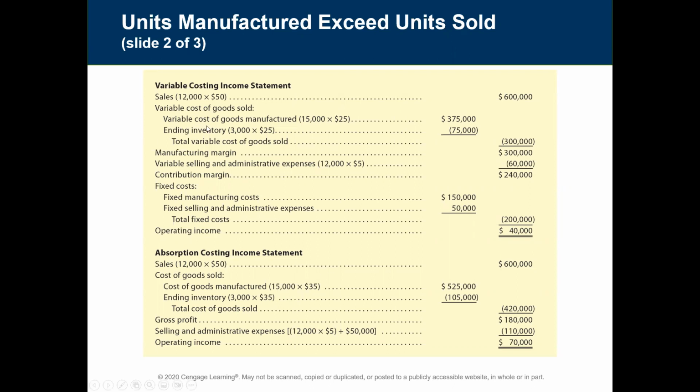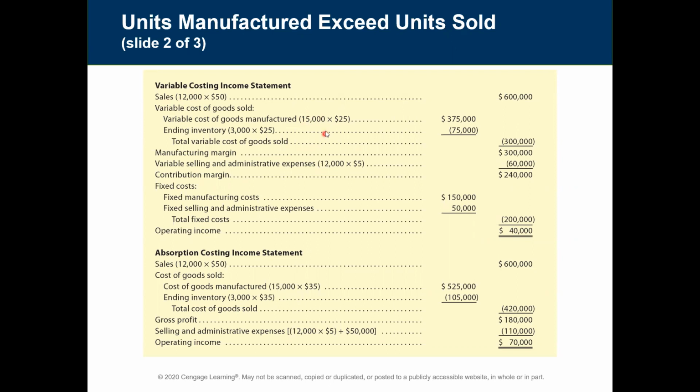And you can see that in this slide. So what happened for this company during this period? Well, their sales were 12,000 units. They sold 12,000 units, but they produced 15,000 units.